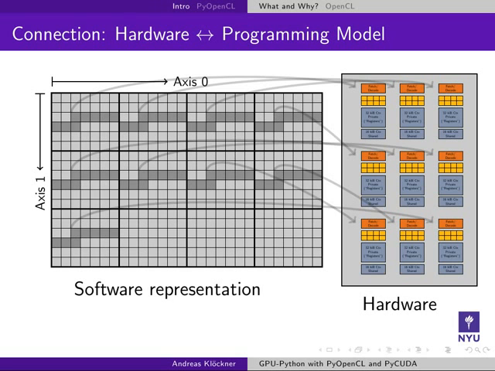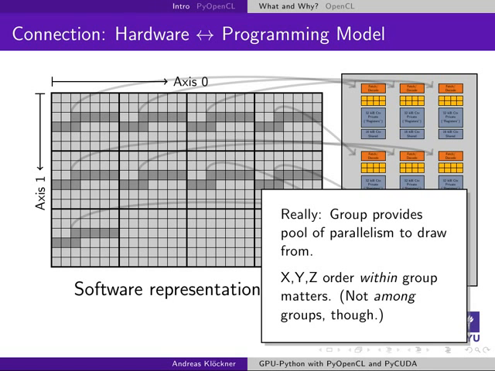Another thing that I'll mention tangentially now, that you maybe keep in mind, is that the XYZ order within each group actually does matter, but the XYZ order among groups does not matter. Why does it matter?